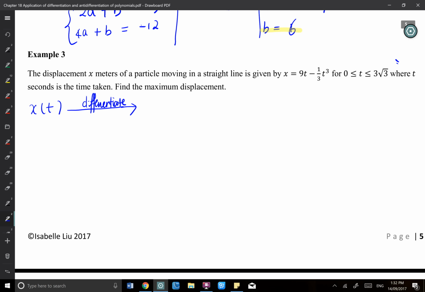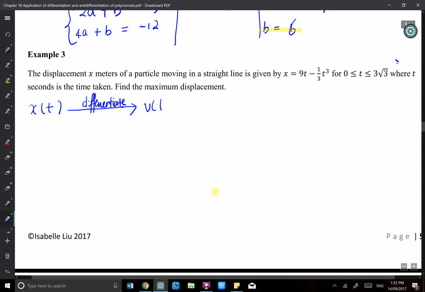Differentiation means find the gradient, right? But I don't actually want to find the gradient. If I differentiate, that will become the velocity time graph. That's the good thing about it.